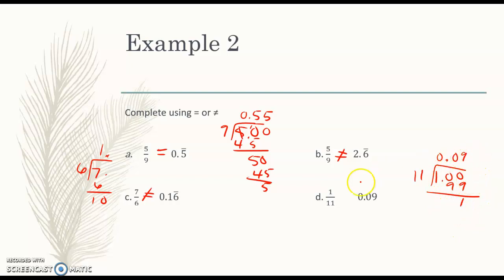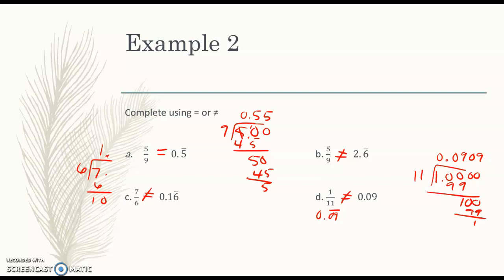This was 0.09 and this is 0.09, but I'm not done dividing. I've got to bring another 0, and then it's another 0 and another 0, and it goes in, and I just keep ending up with the same. And so 1/11 is 0.09 repeating, which is not equal to 0.09 because one repeats and the other does not.